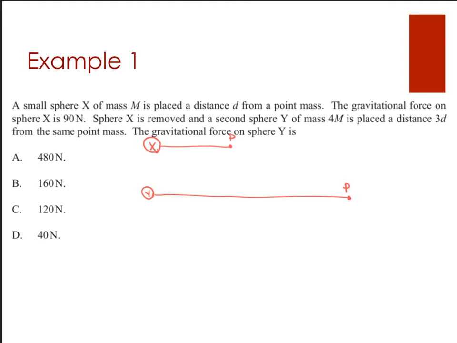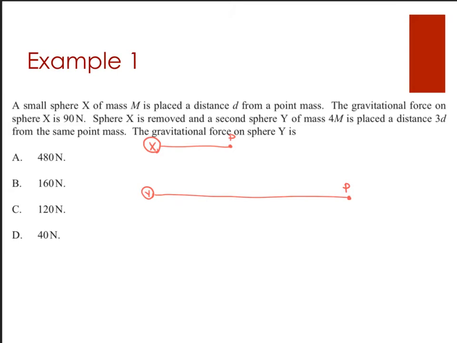What is the gravitational force on the sphere? Now remember, this kind of question is very common because if we do multiple choice, we don't get a calculator. So you're going to do a lot in terms of using ratios. So let's go ahead and set up the ratios.